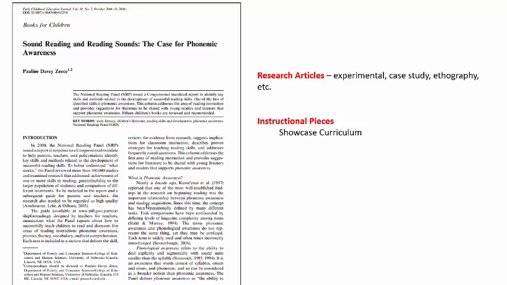And then it goes into sharing with us those pieces of children's literature that you could use to teach phonemic awareness. So here's the trick. Do we think this is a research article, which is talking about an experimental case study or ethnography type study? Or does this look like an instructional piece that's just showing us some curriculum ideas? Of the two, what do you think?